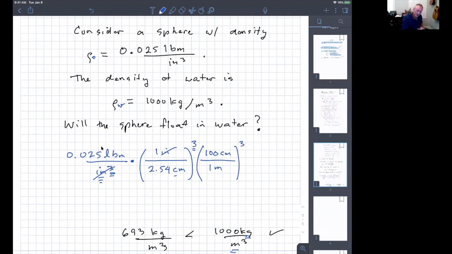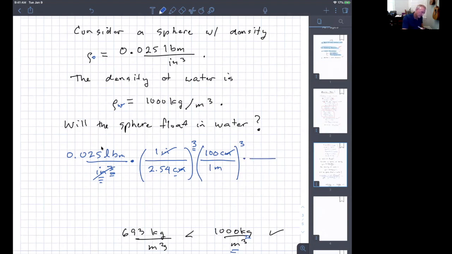So this part needs a cube as well: 100 cubed. So now I've got this centimeters cubed canceling, and I'm left with meters cubed in the denominator. All right, so that's looking good.